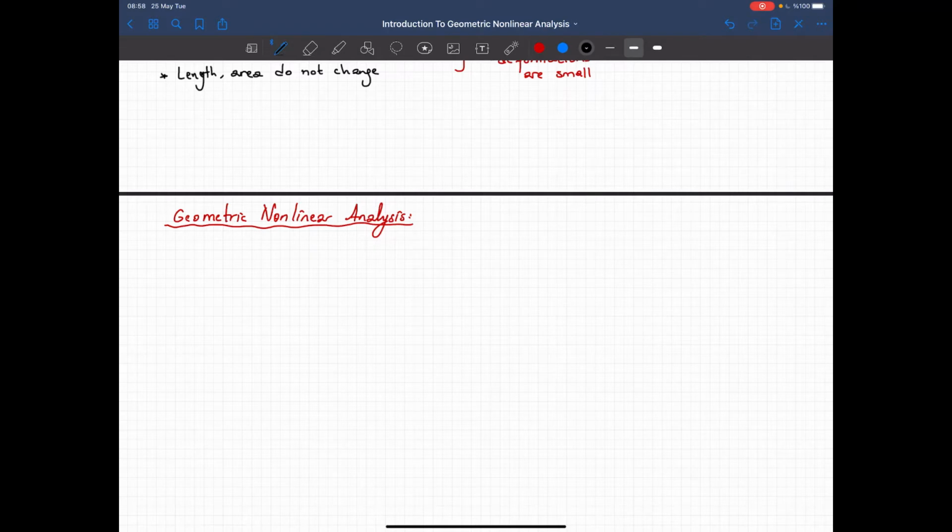Now again, I want to work on this cantilever example. So we have axial load P here and F here. Now in that case, equilibrium equations are written with respect to deformed configuration.